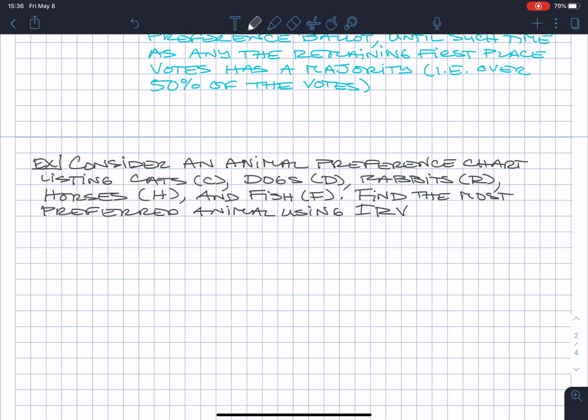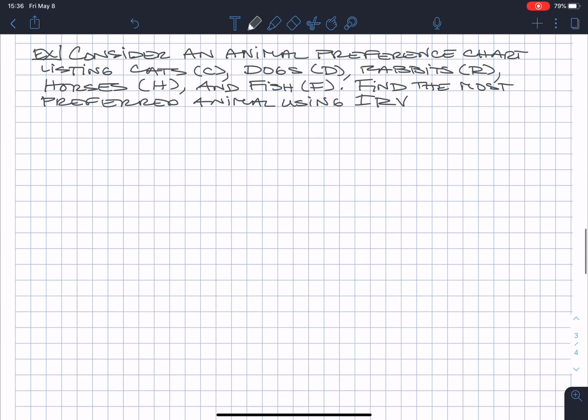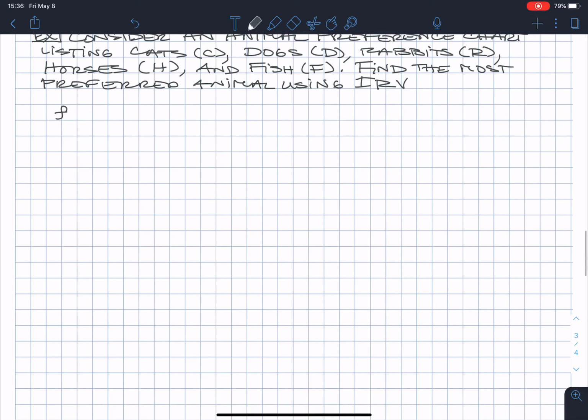IRV, instant runoff voting. Okay, so let's say we have a frequency chart here.